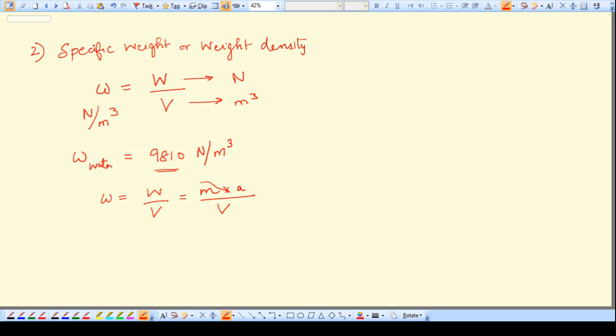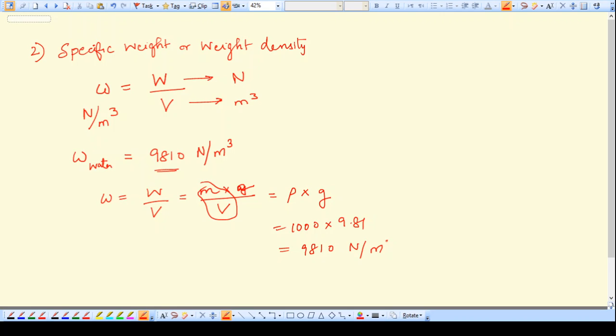This mass by volume is again density, into g, the acceleration due to gravity. The density of water is 1000 and acceleration due to gravity is 9.81. When you multiply this, you get 9810 Newton per meter cube.